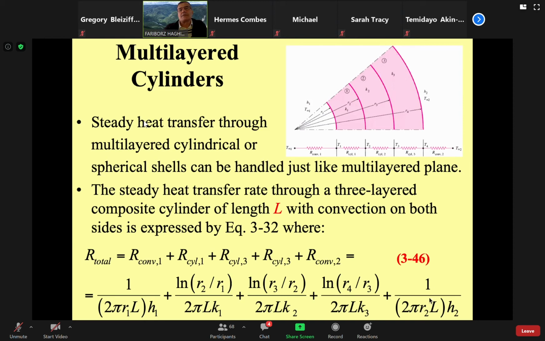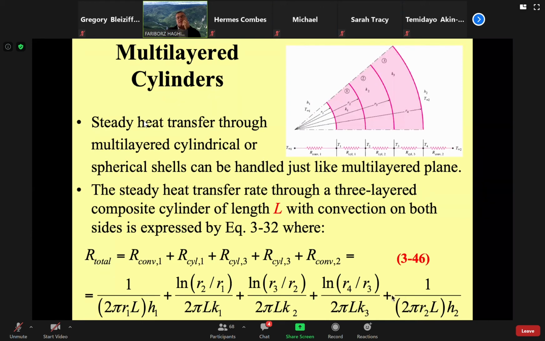R4 is this one, related to the radius from here to here. Okay? Now this is supposed to be R4. This is wrong here, R4.